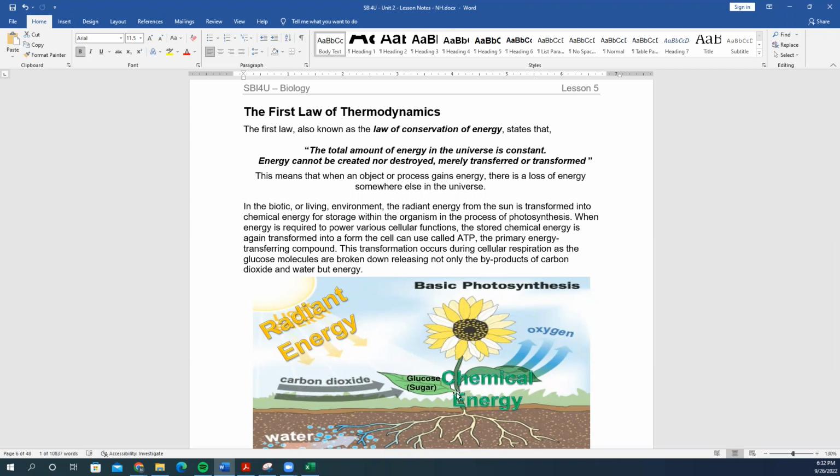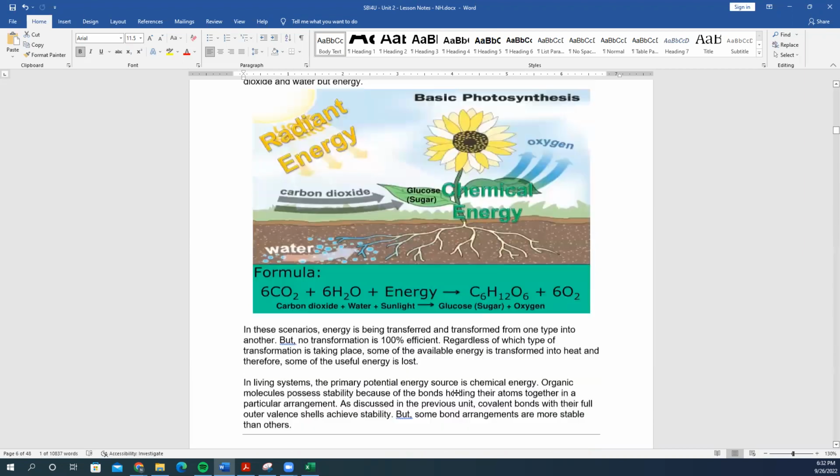And I'm sure a lot of you are familiar with photosynthesis and cellular respiration. In cellular respiration, a molecule of glucose gets broken down, and the byproducts are carbon dioxide and water, but it also releases energy through the bonds being broken down.